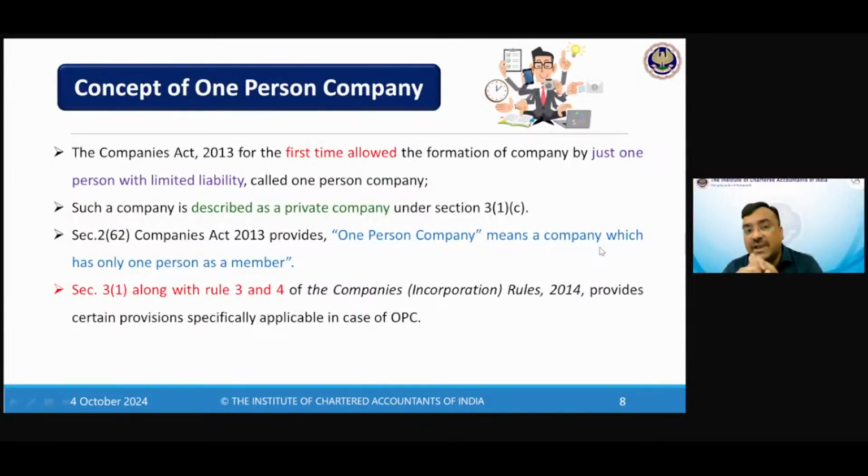So OPC first time in the 2013 Act. Private company as per section 3 subsection 1. Definition is given in section 2 clause 62, which means an OPC is a company which has only one member, and the provisions are given in section 3 subsection 1 along with rules number 3 and 4 of the Companies Incorporation Rules 2014.